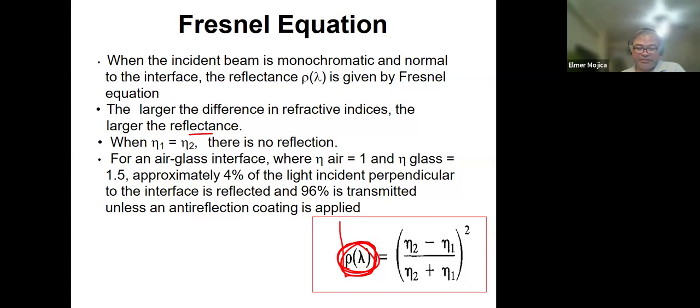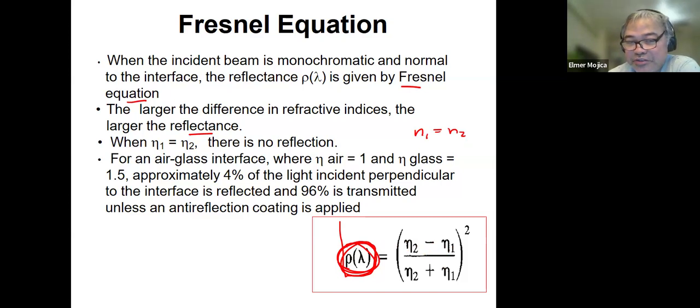So what can you say about the Fresnel equation? It's just a rearrangement of your what? Refractive indexes. Okay. So it is just equal to the ratio of the difference of the second refractive index minus the first refractive index over the sum, and then you get the square. And when N1 is equal to N2, there is no reflection.